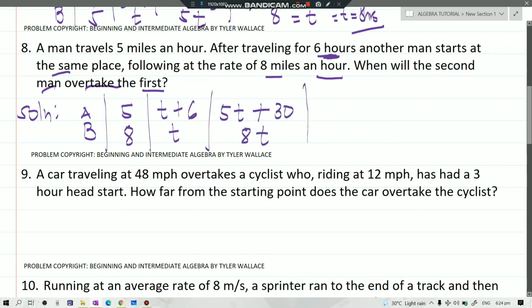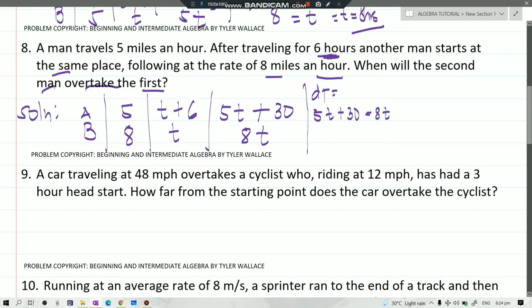Okay? So, the same din, since wala tayong given na total distance, so we will have 5T plus 30 is equals to 8T.